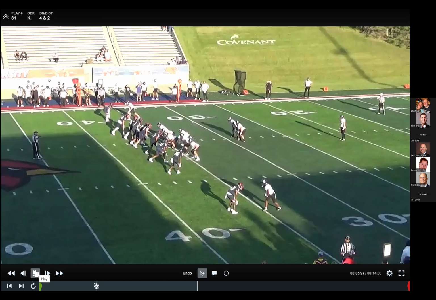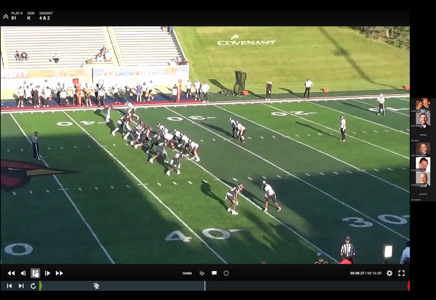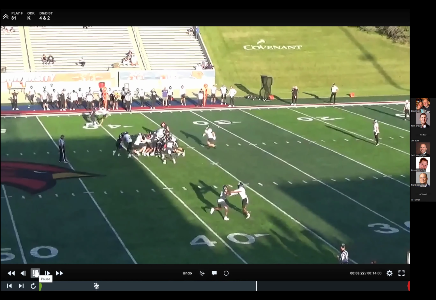So this was at the end of the first half, and we got fooled by this. We did not get this because he takes a hand-to-hand snap and he goes.